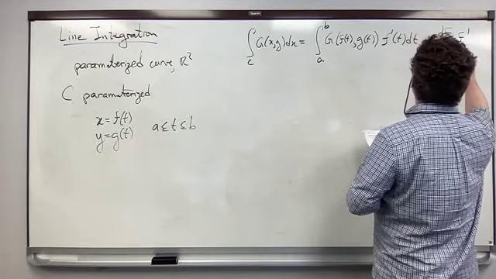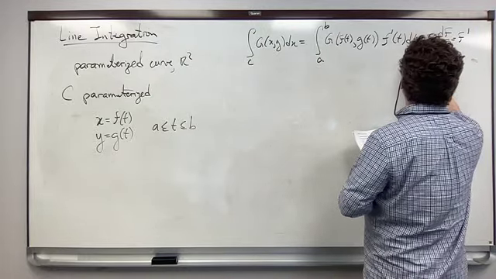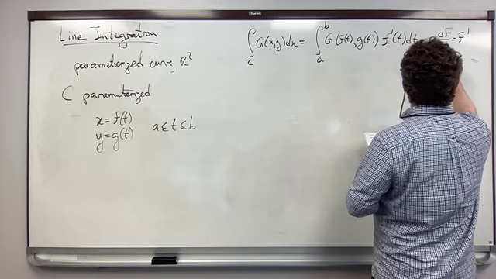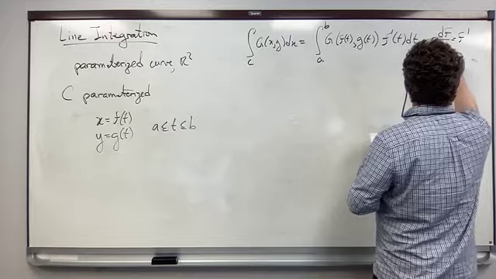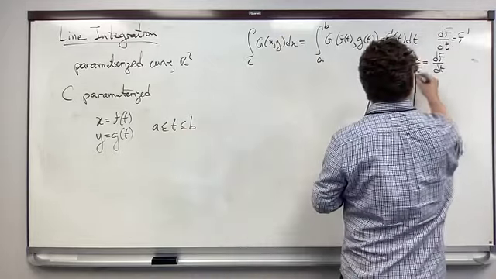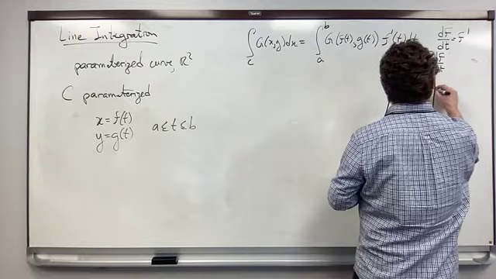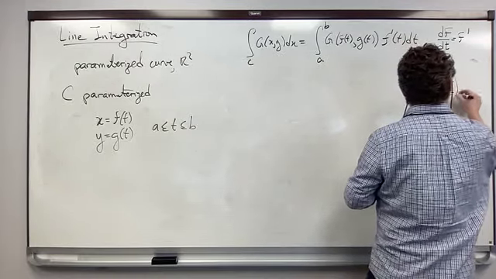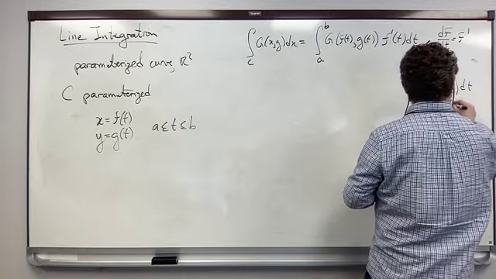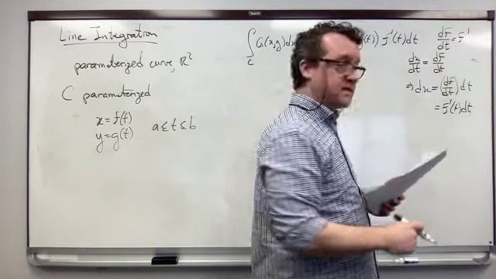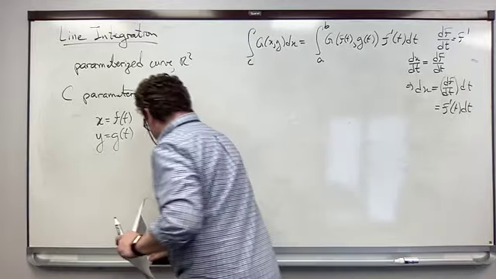So dx dt is equal to really df dt, because x is equal to f. So that means dx would be df dt times dt, so we say f, the derivative of f with respect to t, dt. Okay, took me a second there, but that's how that would look.